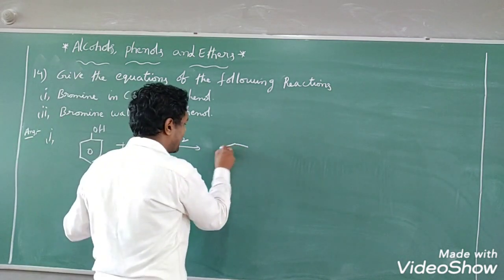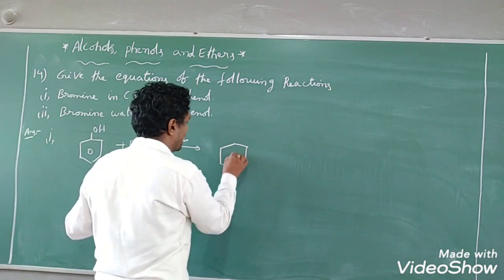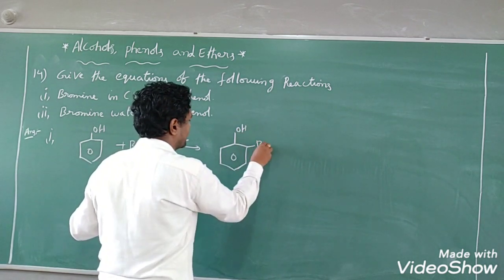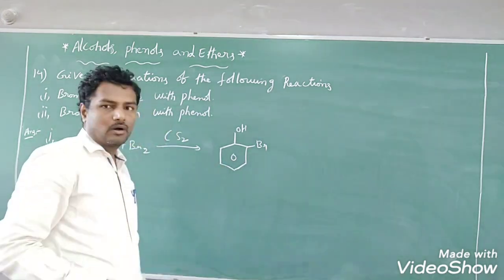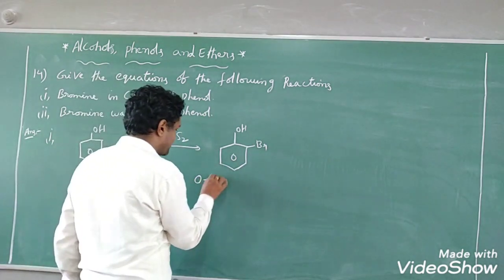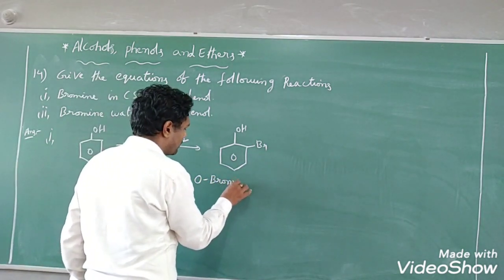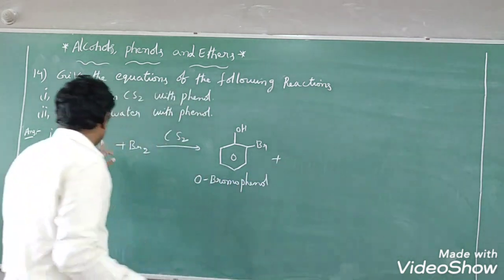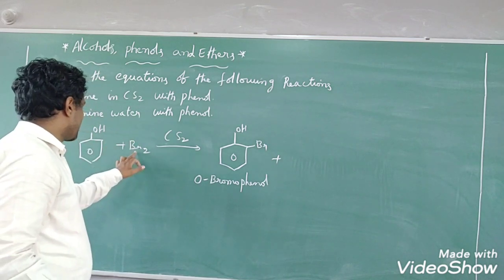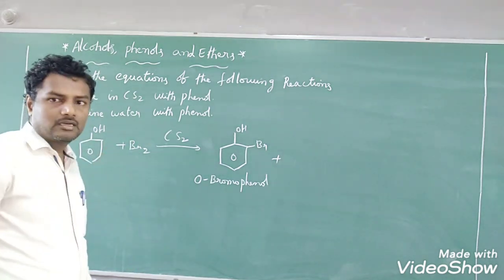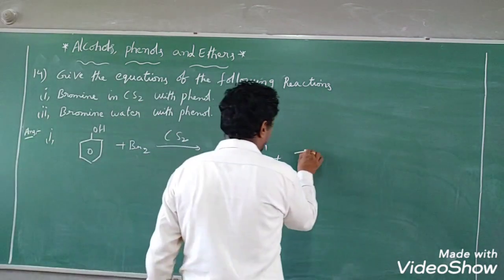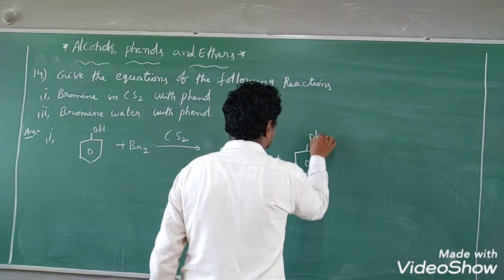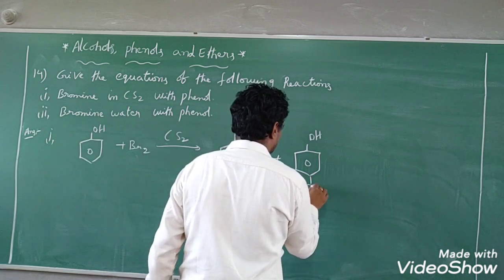Suppose it attacks on ortho position: OH, here Br, ortho bromo phenol you will get. Plus, if the bromonium ion electrophile attacks at para position, para bromo phenol will be obtained.